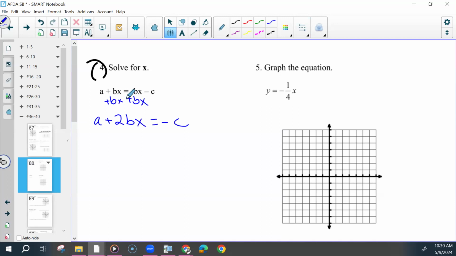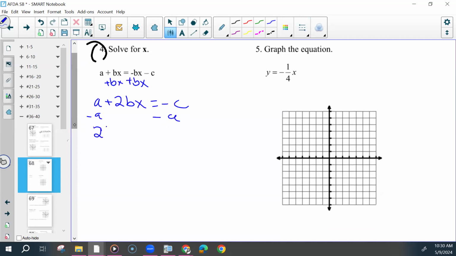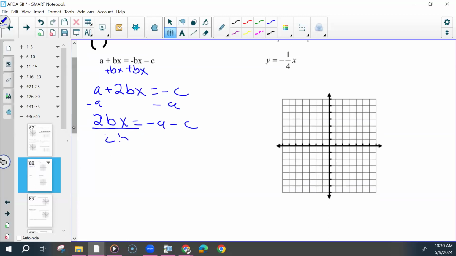Get rid of the a by subtracting. And then divide both sides by 2b. So that x equals negative a minus c all over 2b.